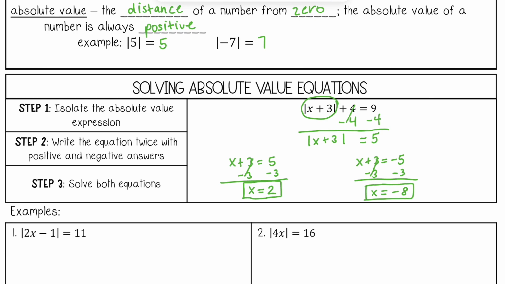And then to check, you can always substitute those back into the equation to make sure that it makes the equation true. For example, I'm just going to change the color here, so I'm just checking here. So I'm going to substitute this 2 back in for x.